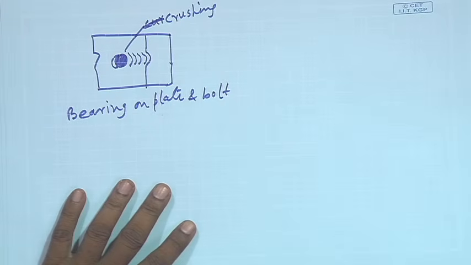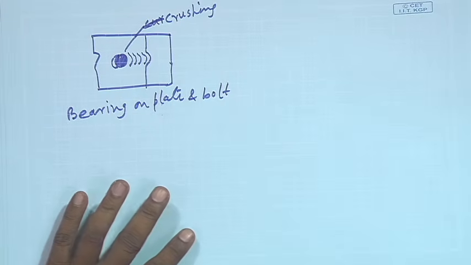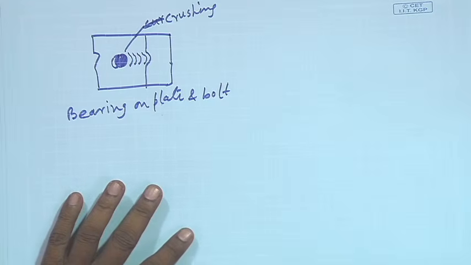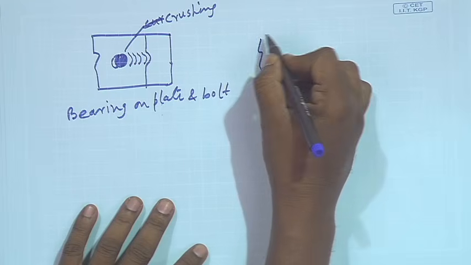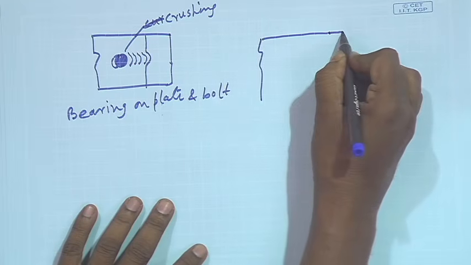Another type of failure may come into picture also, which is called shear tear out of plate. That means, somehow it will look like this.